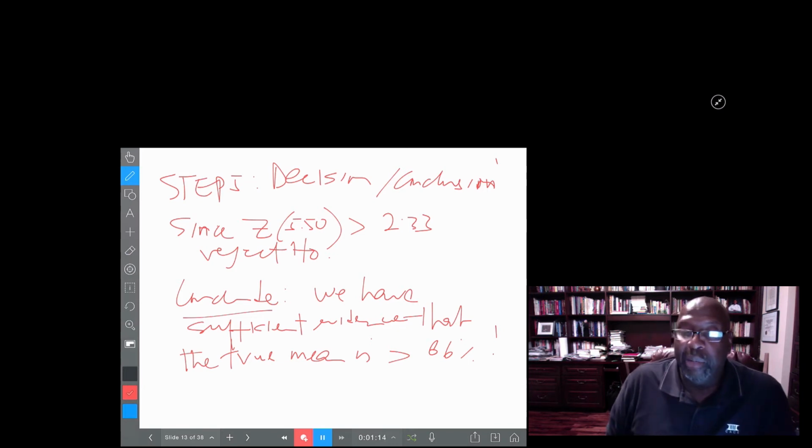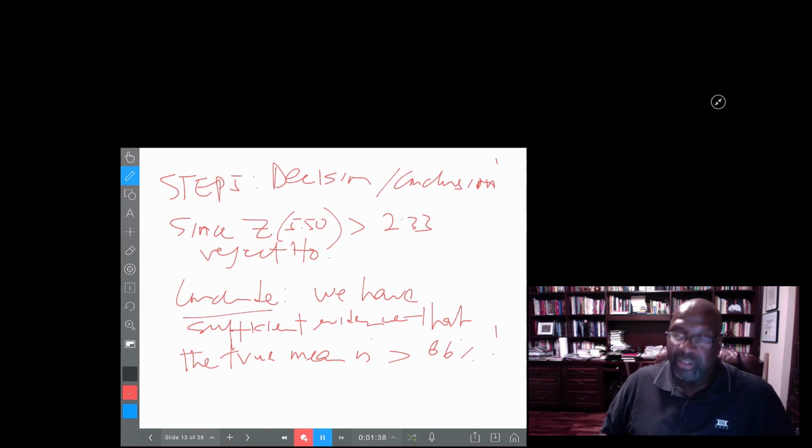For sure, absolutely, we have sufficient evidence that the true mean is greater than 66%. All right? Because that 5.5 is just too far away. It's just too different from 0, sorry, or 80 is too different from 66. So therefore, we need to conclude that that is the situation.